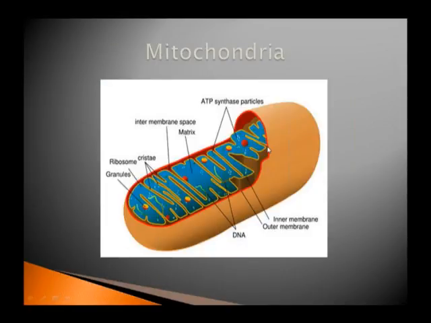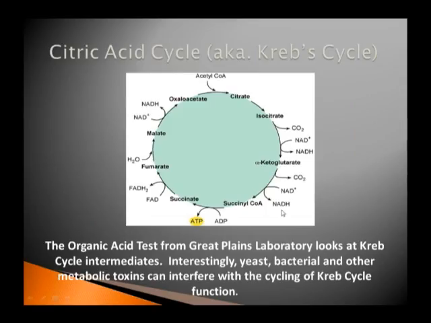And one of the things about fatigue is that where our body produces energy takes place primarily deep in the recesses of the cells. There's a little energy factory in our cells called mitochondria. And these mitochondria are involved in spinning these different chemical pathways. One of the reasons I like doing the organic acid test from Great Plains Lab is that part of that test is analyzing these different points within this metabolic pathway called the Krebs cycle to see if there's an issue.